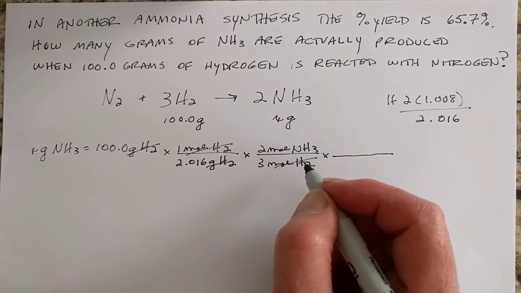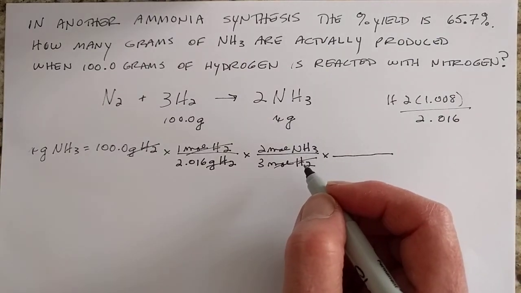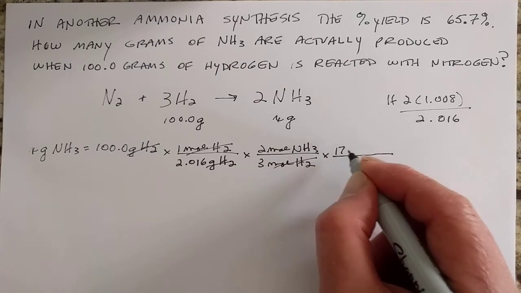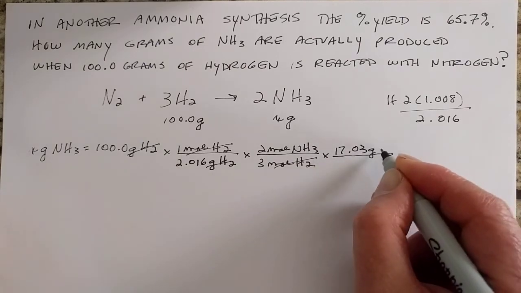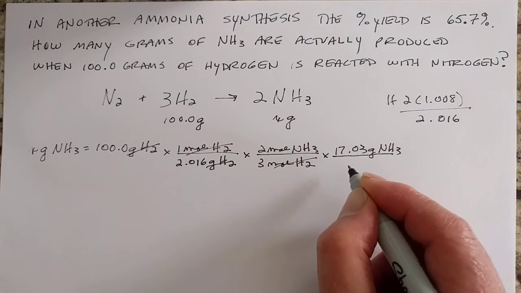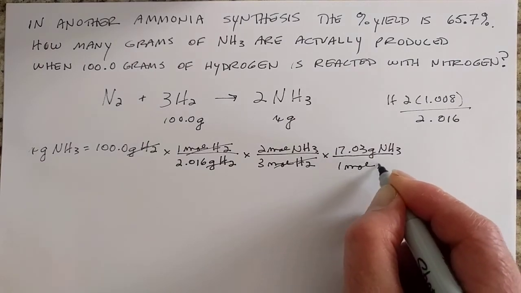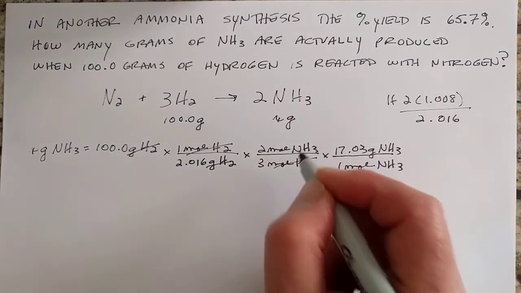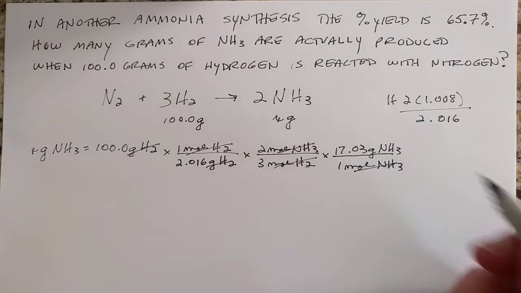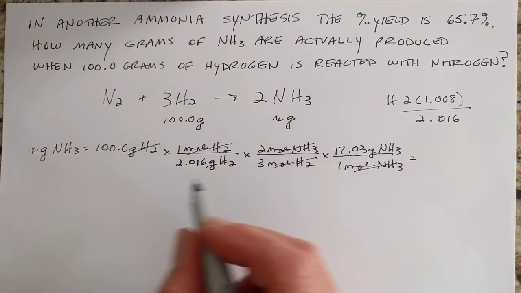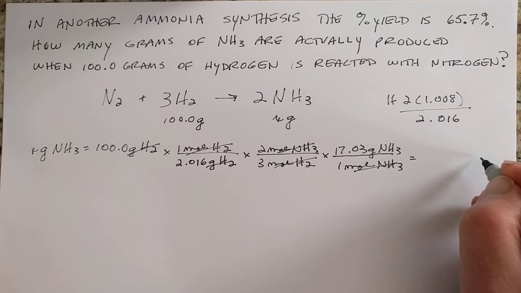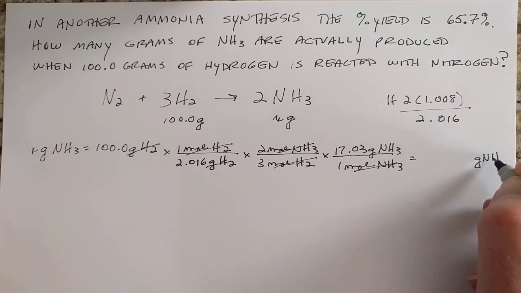And now we need the molar mass of NH3, which we already calculated. So that was 17.03 grams of NH3 are in 1 mole of NH3. Moles of NH3 cancel. We have everything canceled. Our units are grams of NH3.